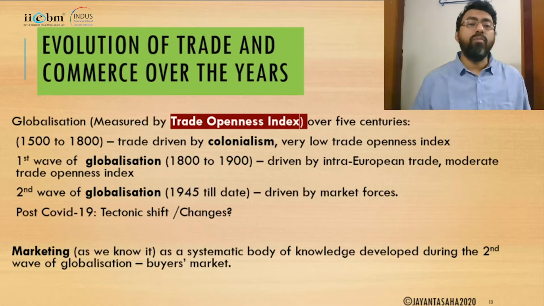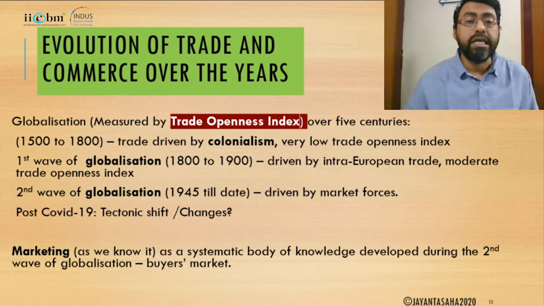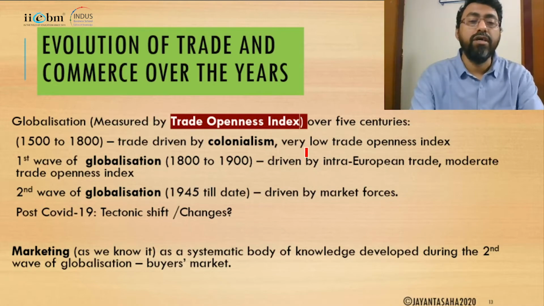So if the trade openness index is say 0.5% or 1% or 2% or 5%, it's very low. In fact, during 1500 to 1800, when the trade in the world was essentially driven by colonialism, which was one-way trade, it was characterized by very low trade openness index.